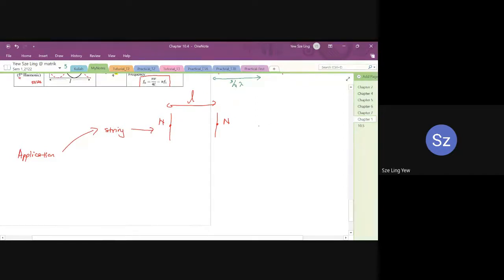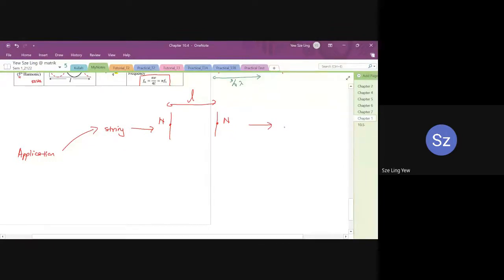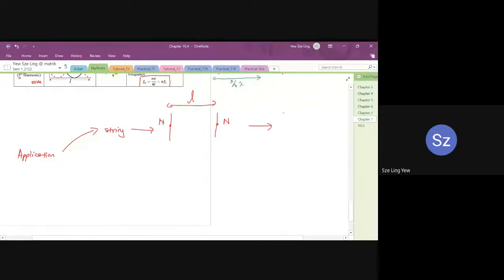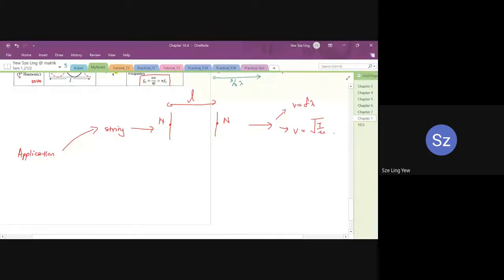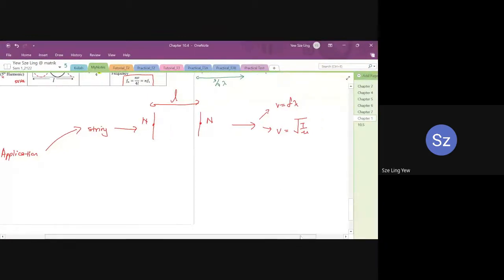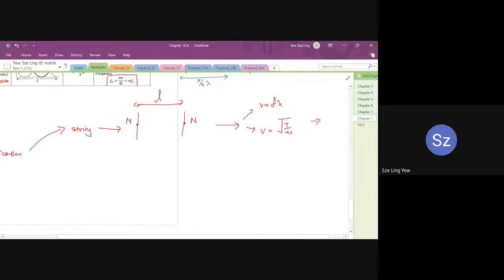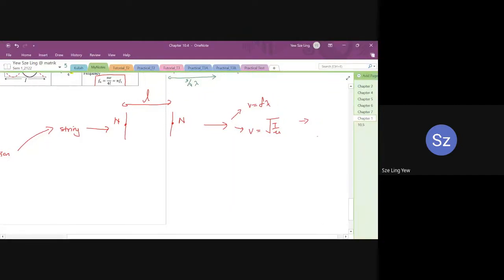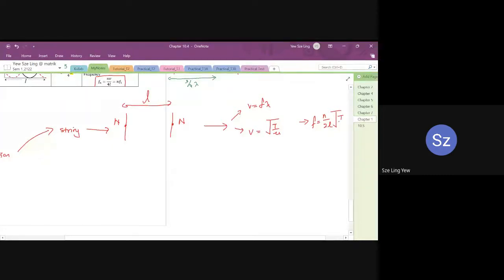And then the equations, we have two equations for velocity. The first equation is the general equation, and the second equation is the velocity for the particle in the string, v equals square root of T over mu. So when you combine them together, you obtain the general equation: f equals n over 2L square root of T over mu.